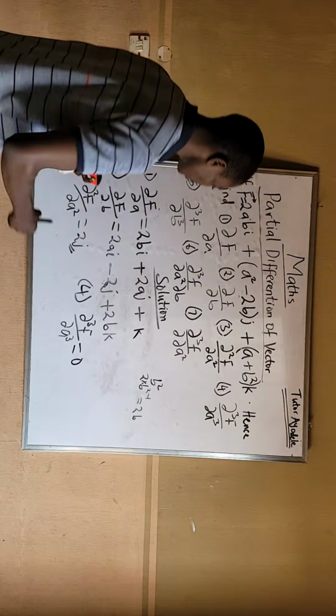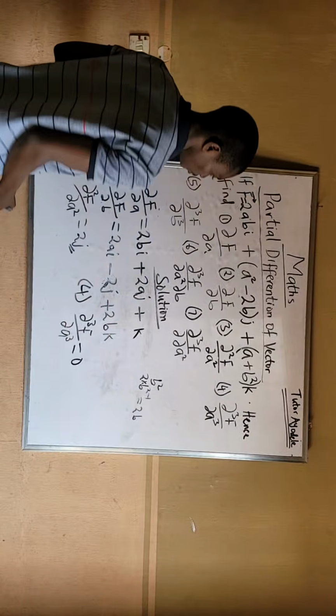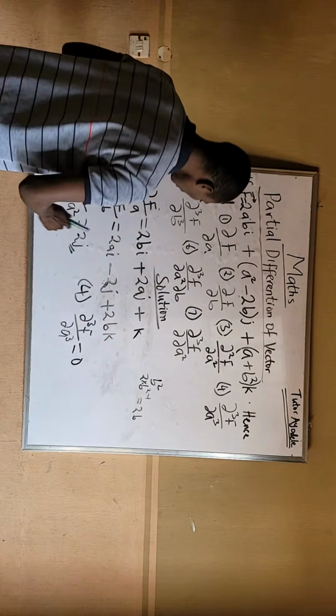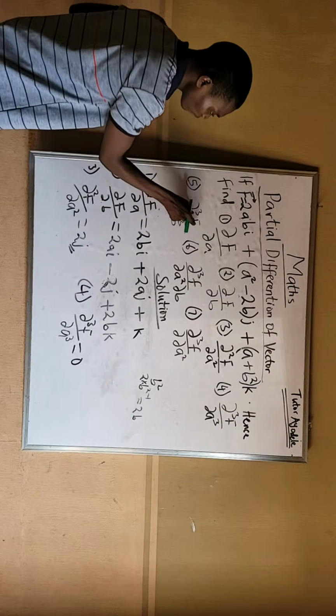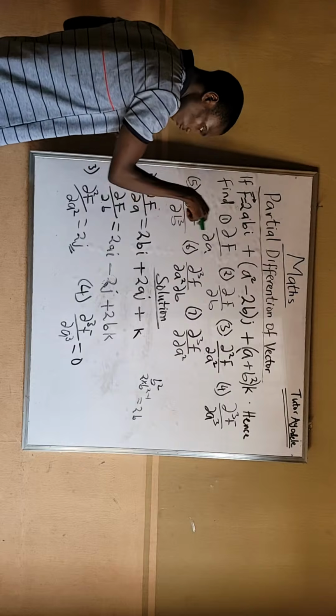All right, let's proceed. Now we are done with number 4. So let's look at number 5. Now we are differentiating f with respect to b for the third time.